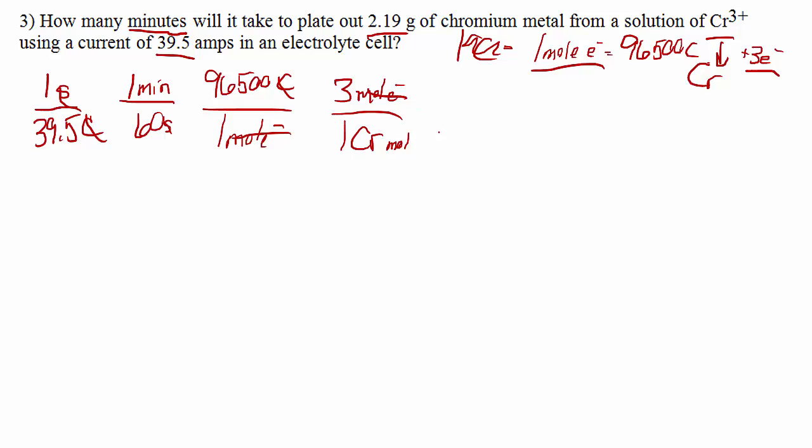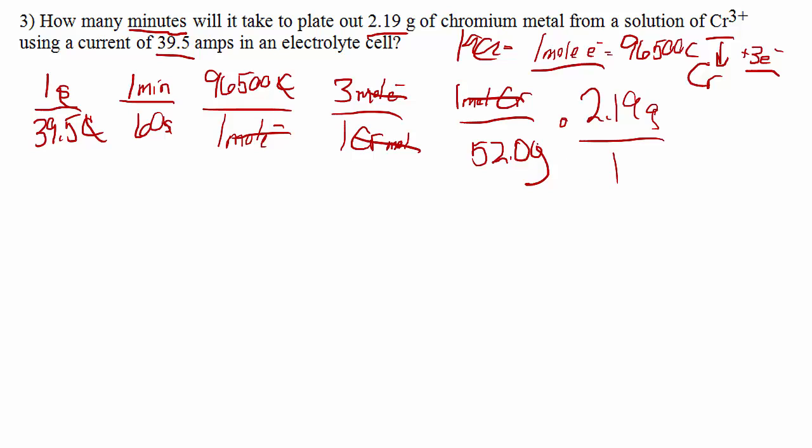Next, I have grams, so I have to do a conversion. I know that 1 mole of chromium is 52.0 grams, and that's just a number you look up on the periodic table. So chromium moles cancel out and I'm left with grams. But how many grams do I have? I have 2.19 grams, and to cancel it out, it's going to have to be in the numerator.